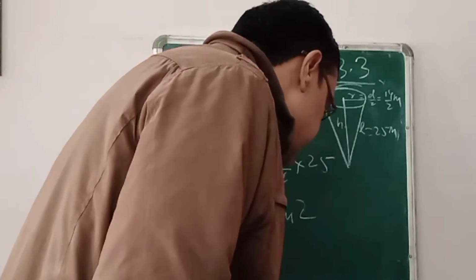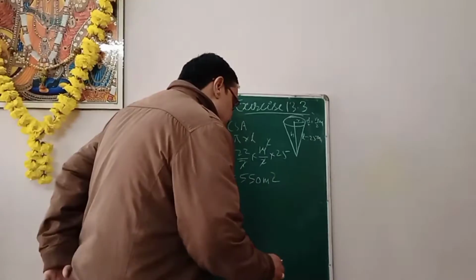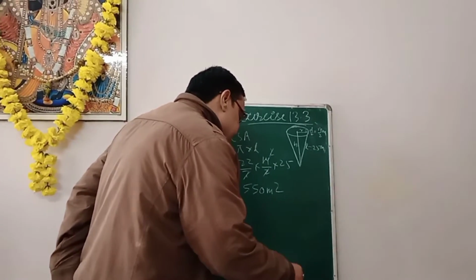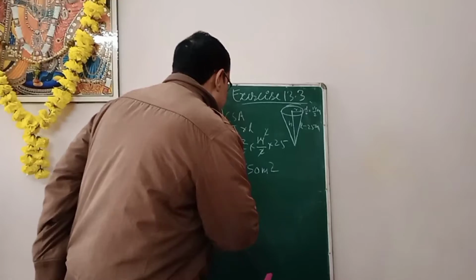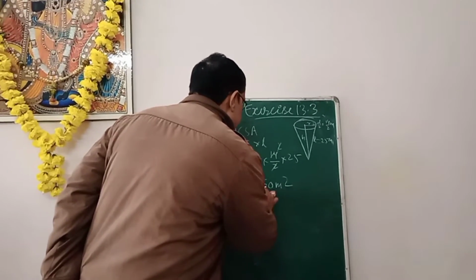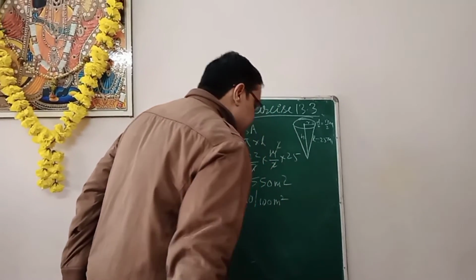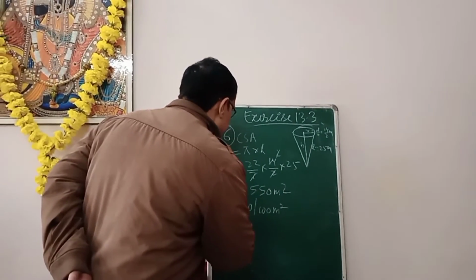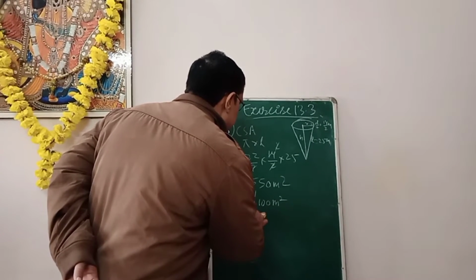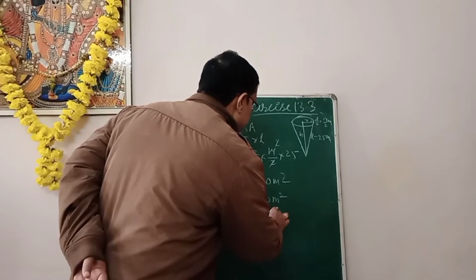Now we need to whitewash this area if the rate of whitewashing is rupees 210 per 100 meter square. So what is this rate? This is rupees 210 divided by 100 per meter square.